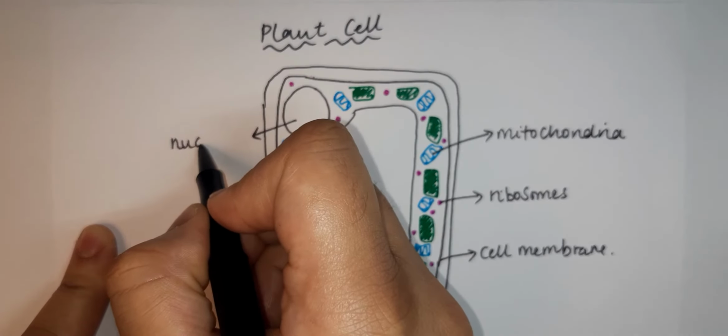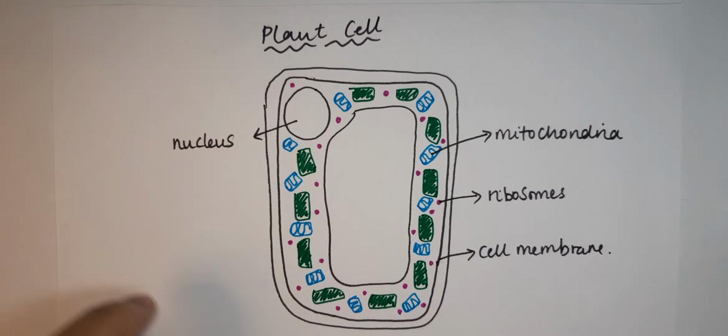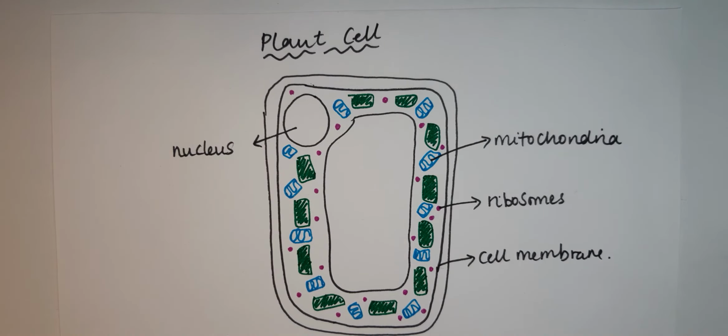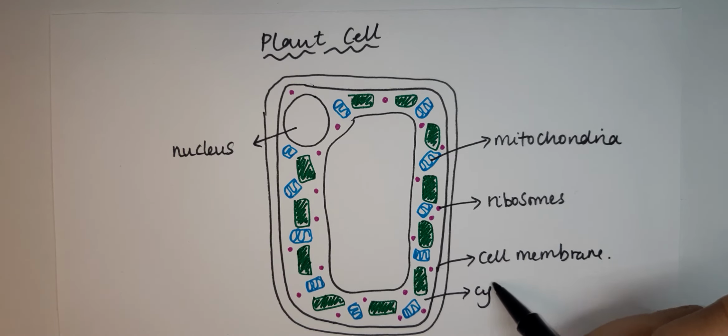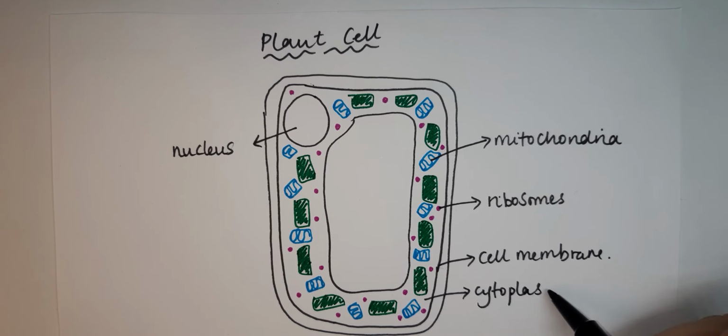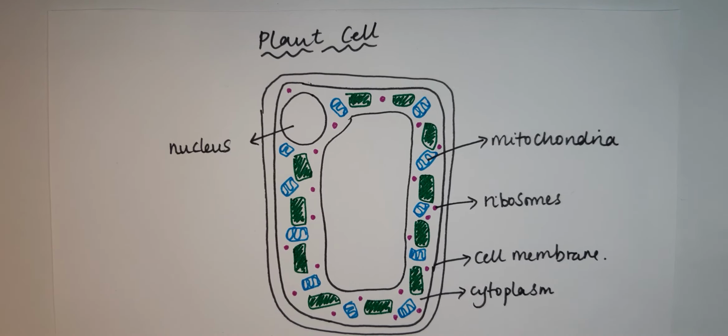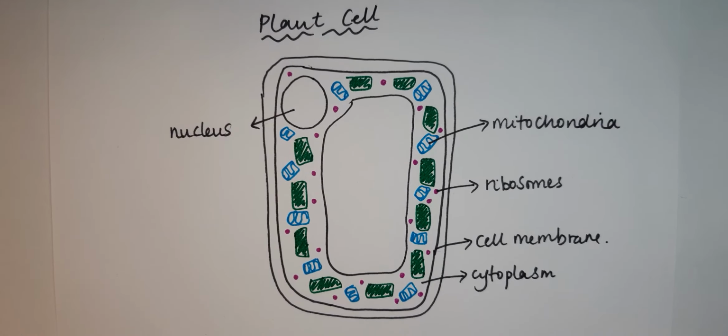So here's the nucleus. And I think that's it. We've got the cytoplasm as well. So we've got cytoplasm in here as well. Yeah? So those are the subcellular structures from an animal cell that are also in a plant cell.